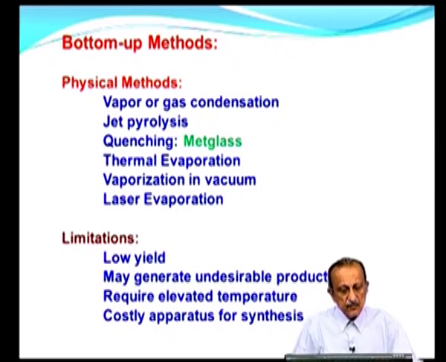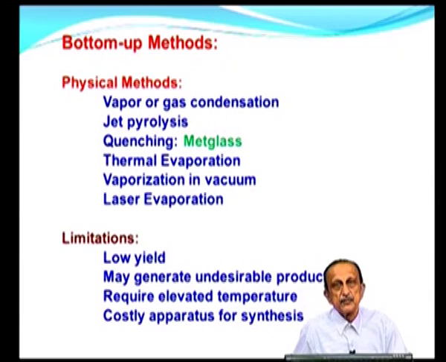As listed here, vapor and gas condensation, that is, you have vapor which generally involves high kinetic energies and therefore correspondingly high temperatures, and you suddenly subject them to cooling, condensation.